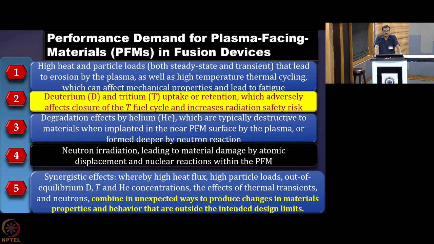Then degradation effects by helium, which are typically destructive to materials when implanted near the PFM surface. PFM is the plasma facing material, whose surface is facing the plasma, or formed deeper by neutron reaction. So, these are the degradation effects by helium. Now, neutron irradiation leads to material damage by atomic displacement and nuclear reactions within the plasma facing material.